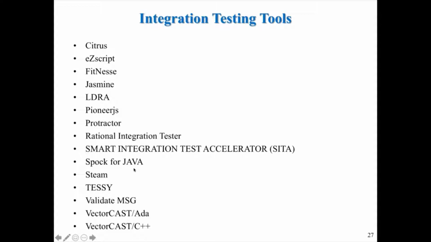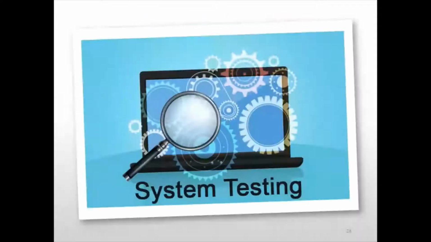Some are specific to a language. For example, Spoke is for Java, as the name tells you. Vectorcast is for C++. So while you are choosing the tool for your software, make a proper selection with respect to the tools which are available for your language.